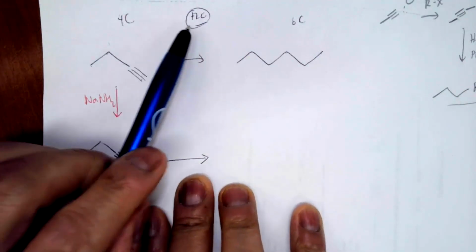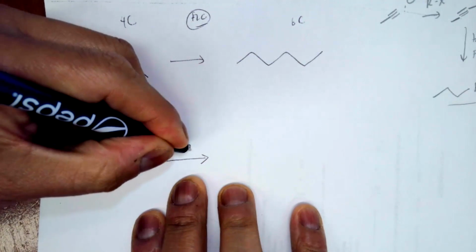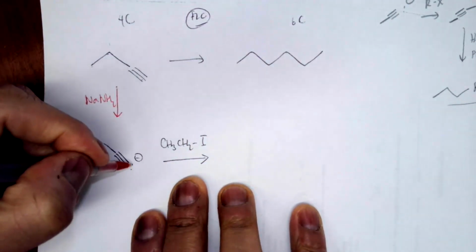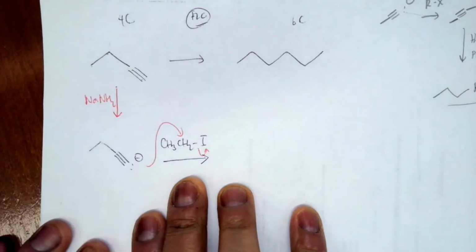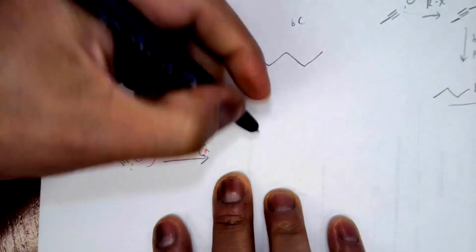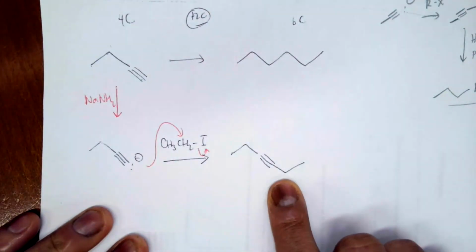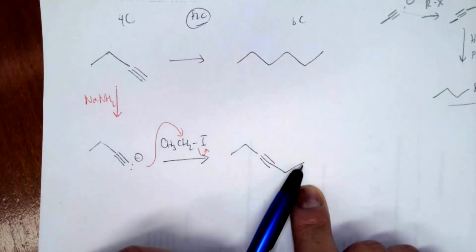How many carbons do I need to add? I need to add 2 carbons. So I will use ethyl iodide. The alkynide will attack in an SN2 reaction to produce this alkyne. Now it's 1, 2, 3, 4, 5, 6 carbons.